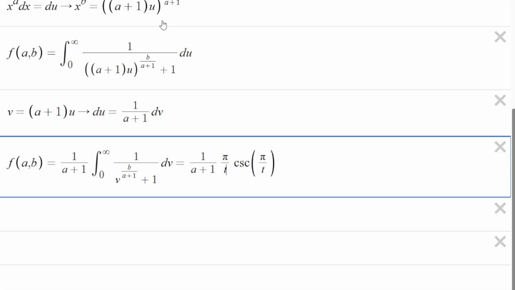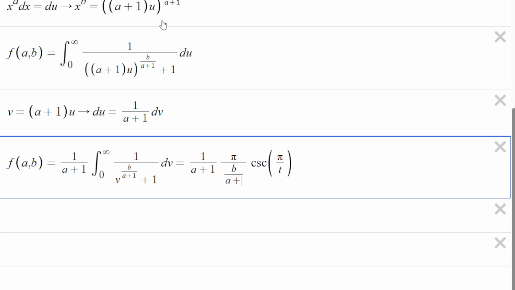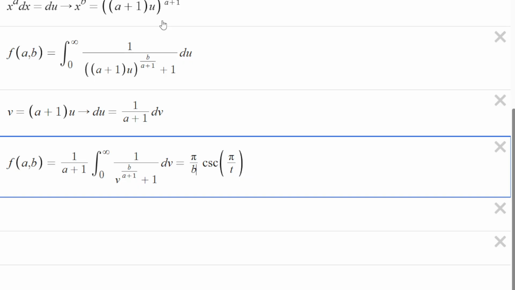So if we plug in b over a plus 1 for this t, we'll get pi over b over a plus 1, and then this a plus 1 will cancel this a plus 1. So we still just have pi over b. And then if we plug in b over a plus 1 for this t, what we end up with is an a plus 1 up top and a b on the bottom. All right.